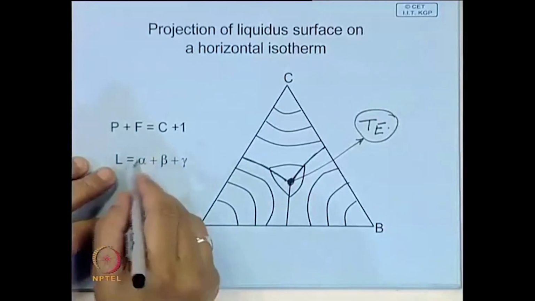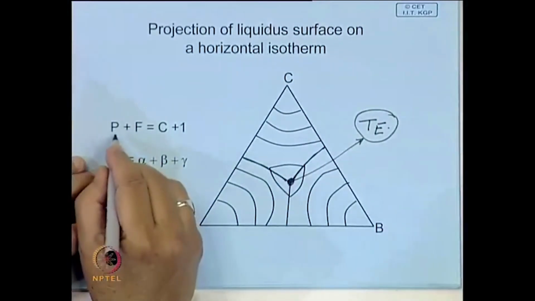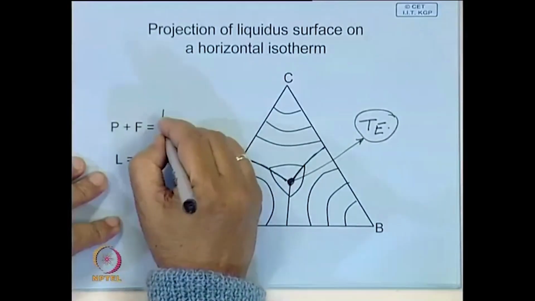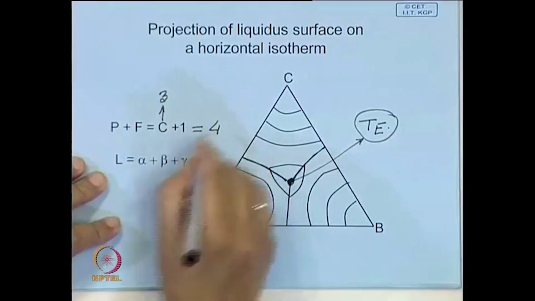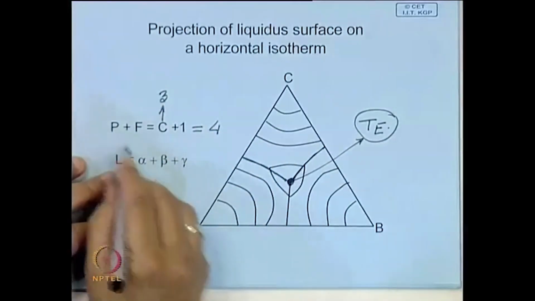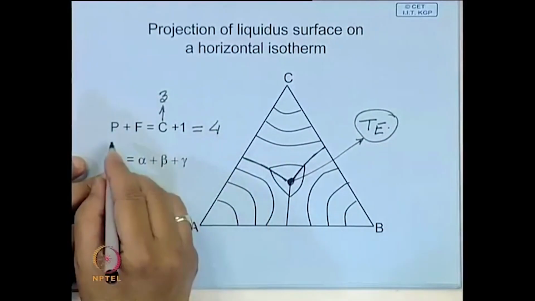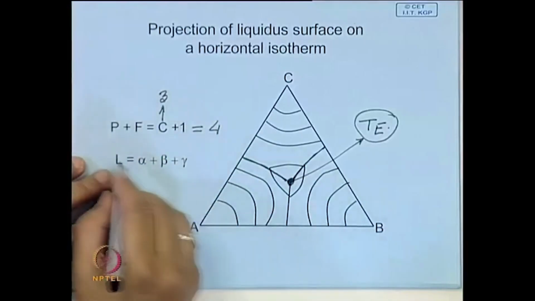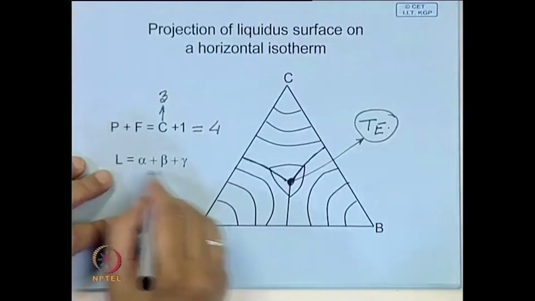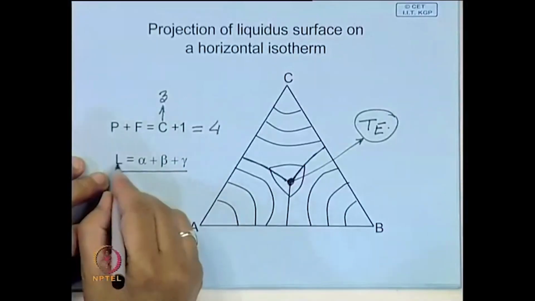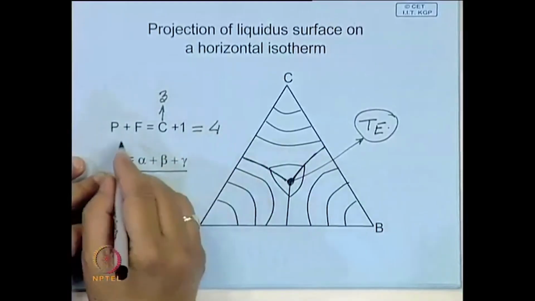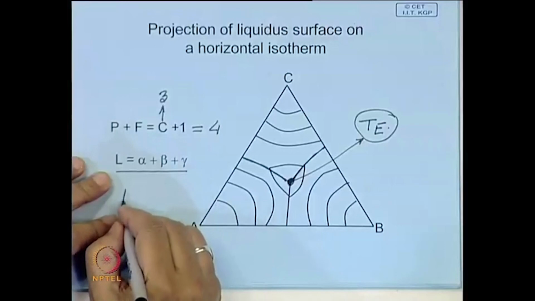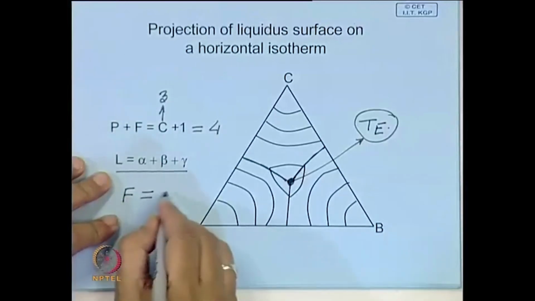Let us see what you get if you apply the phase rule. Here the number of components is 3. Now, how many phases are in equilibrium? When the eutectic reaction takes place, 4 phases are coexisting. If 4 phases are coexisting, then the degrees of freedom become 0.